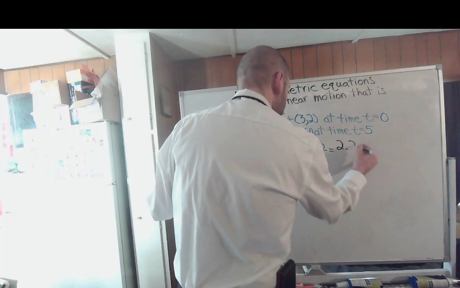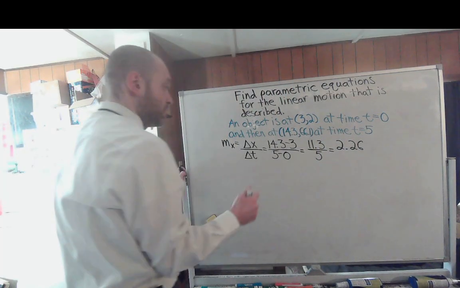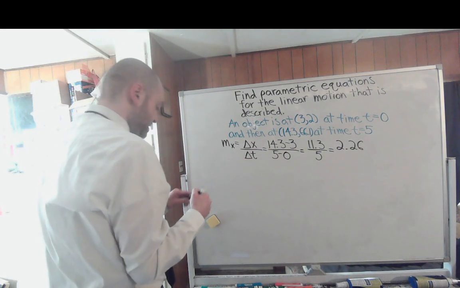So the slope of my x line for the parametric equation is 2.26.